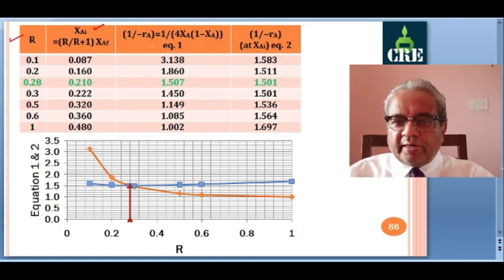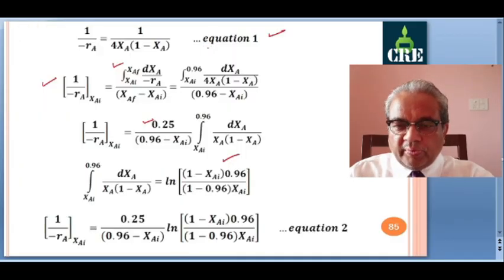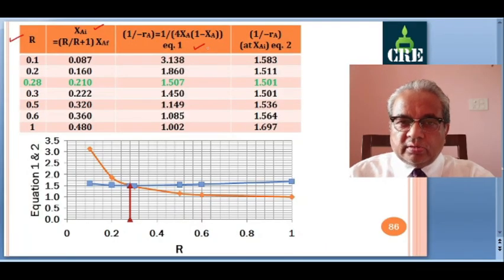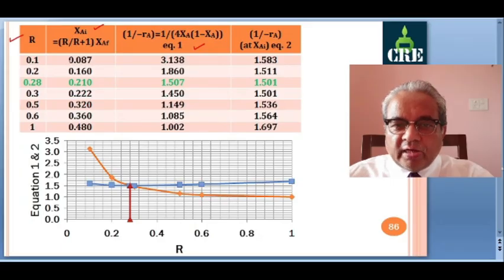From the first equation, the rate law, 1 upon minus rA is 1 upon 4 XA into 1 minus XA. Using this, you find these values of 1 upon minus rA at some XAI value, going on substituting. Now these XAI values which have been calculated here, we use here, with XA equal to XAI, the same value.